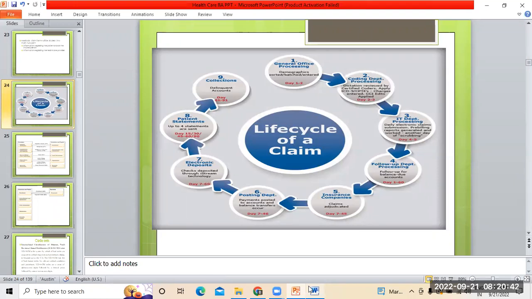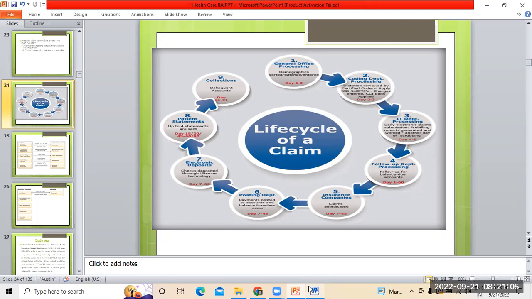The IT department will process this, and the claim submissions and everything will take place in the third phase. The complete IT systems, meaning claim systems and processes, everything takes place in the third phase, IT department processing.